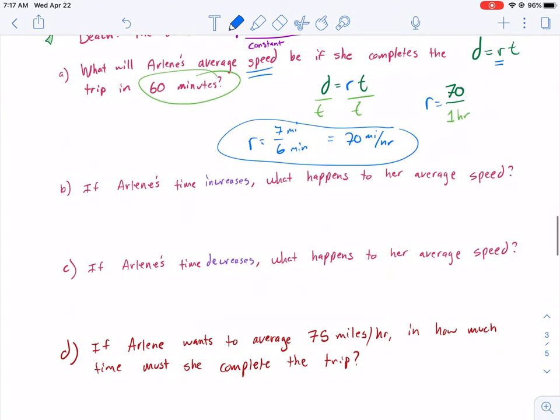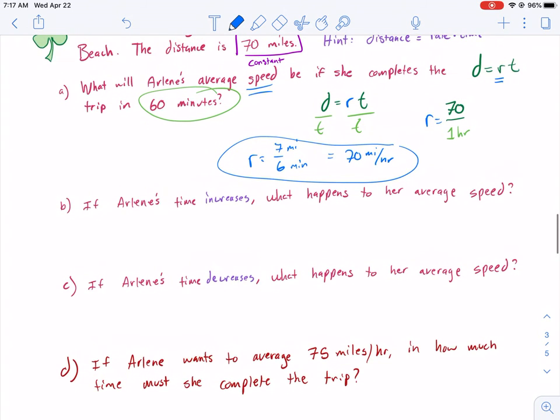Okay, so now let's think about this problem. If Arlene's time increases, what happens to her average speed? Okay, so as her time goes up, R equals 70 over. Now think about if she had done 2 hours. Does that increase or decrease her speed? Well, that would become 35 miles per hour.